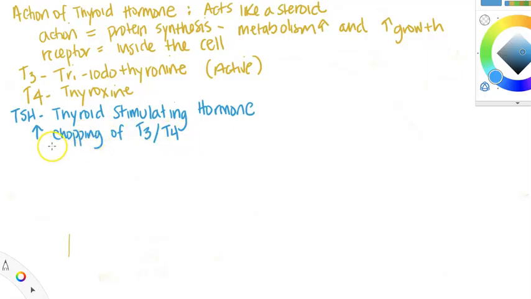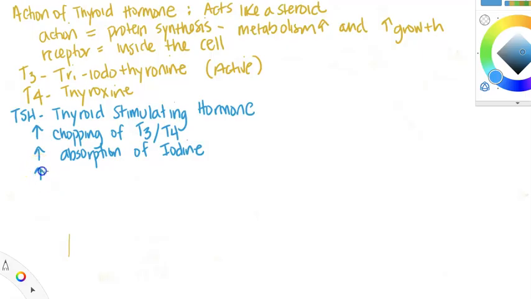And TSH helps to increase absorption of iodine, because we have to have iodine in order to make T3 and T4.